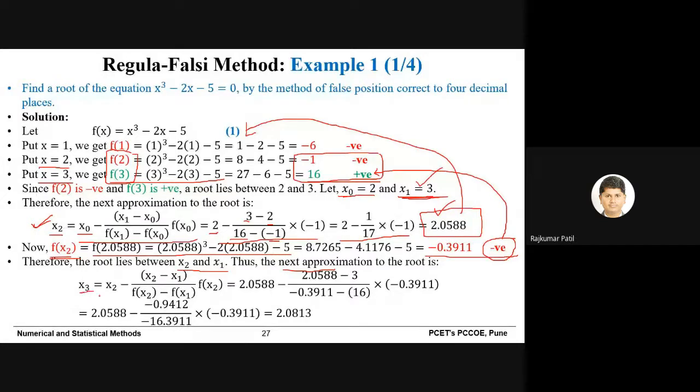So x3 is equal to x2 minus (x1 minus x2) divided by (f of x1 minus f of x2) into f of x2, where x2 is 2.0588, x1 is 3, f of x2 is minus 0.3911, and f of x1 is 16. We put all the known values into this equation, and upon simplification you will get x3 as 2.0813.